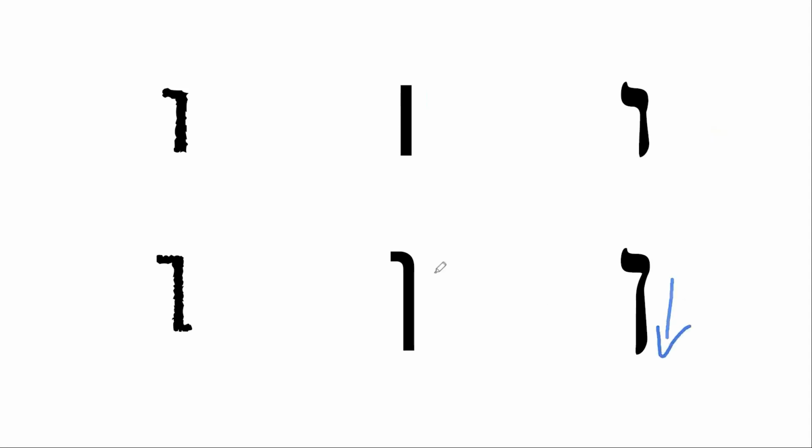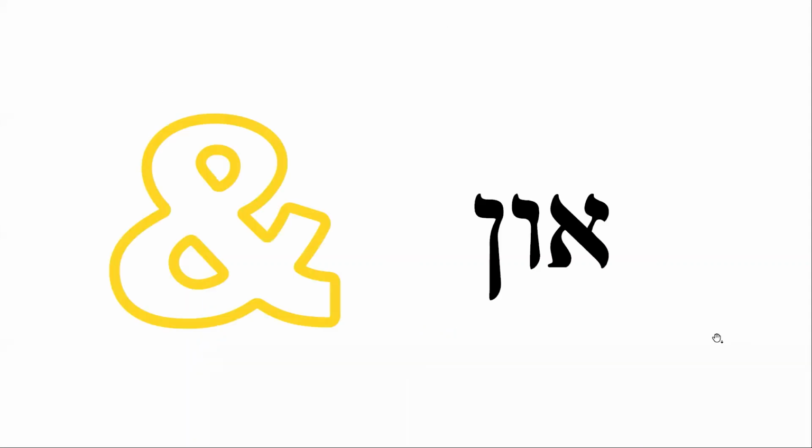It goes further down. You can see it better here when they are next to each other in the word un, meaning end. Here is Vav of a normal height, and here is a langer nun going further down.